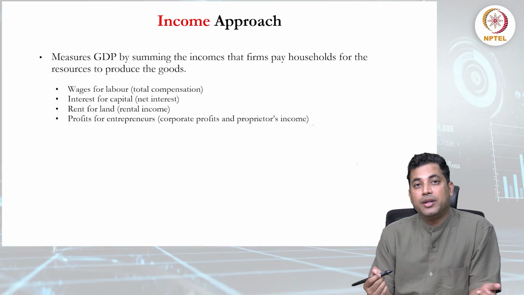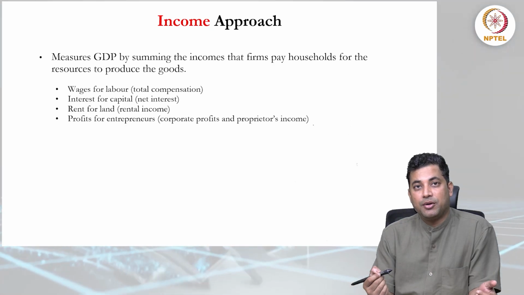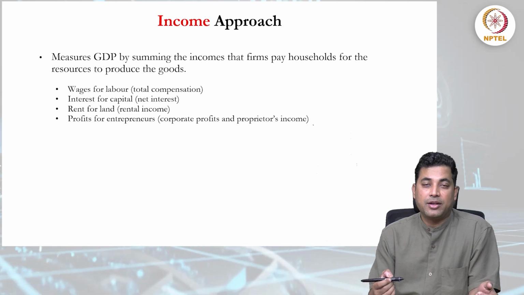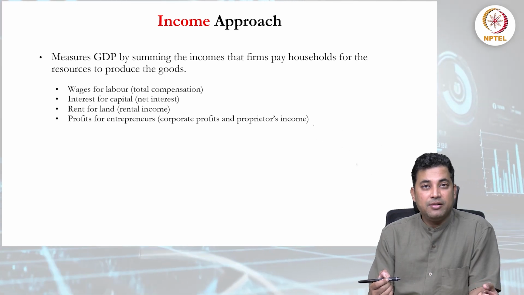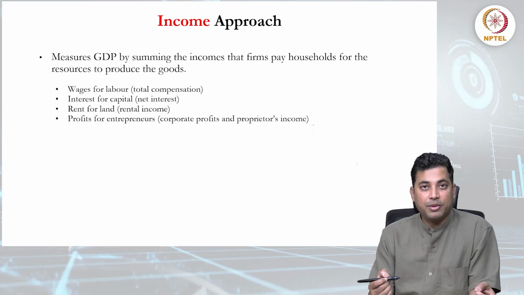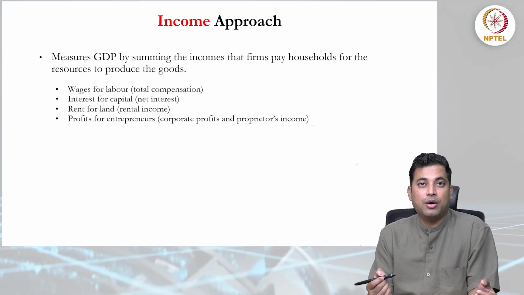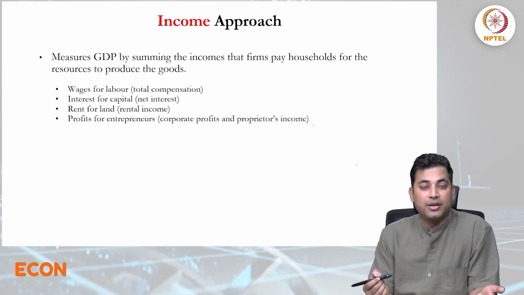Now the fourth component, which we briefly spoke about but did not mention in detail in our last lecture, is the entrepreneurs or the organizations. For entrepreneurs it is the profit.